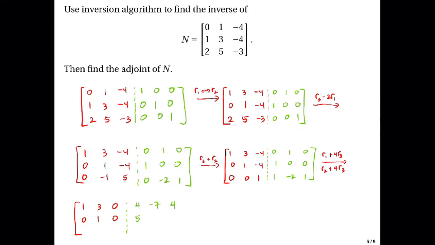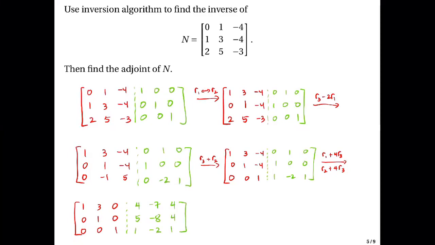Then 0 plus 4 times negative 2, so we have negative 8. Then 0 plus 4 in here. Then for row 3, we just copy 0, 0, 1, 1, negative 2, 1. Okay?